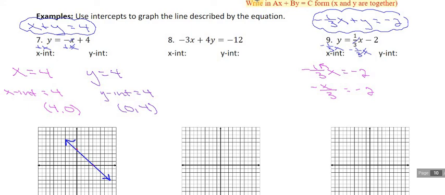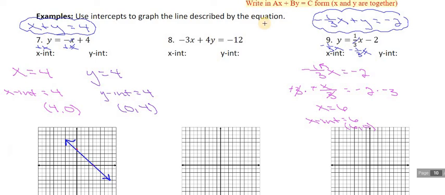So I'm dividing by a 3 and there's a negative there. So I can look at that as dividing by negative 3. So I'm going to multiply both sides by negative 3, because the negatives will cancel each other out and the 3's will cancel each other out. So we're going to end up with x equals 6. So our x-intercept is 6, and that ordered pair is 6, 0.